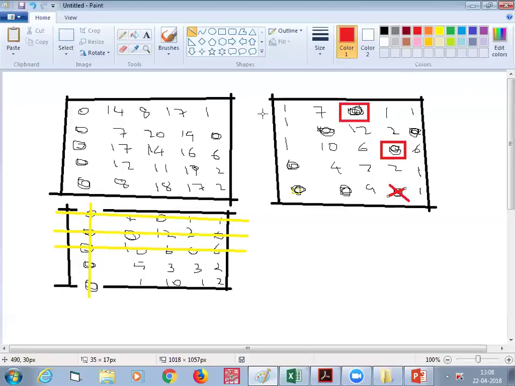Now, in the fourth row, there's a single 0, and again we can cancel this. And so we're left with only a single 0 here in the fifth row. Assign this, and now cancel this. And finally, we can assign this last 0 here.